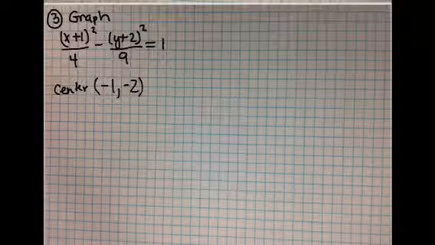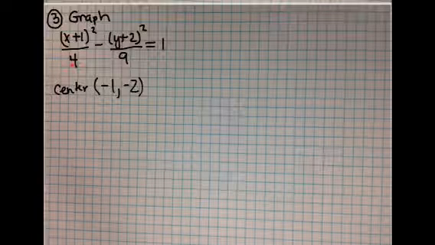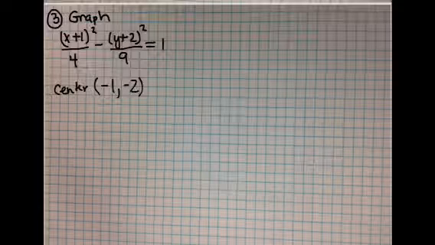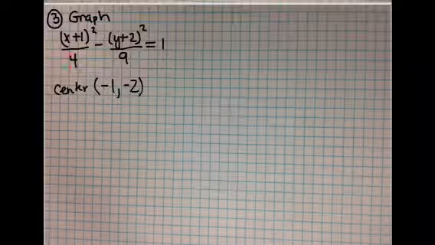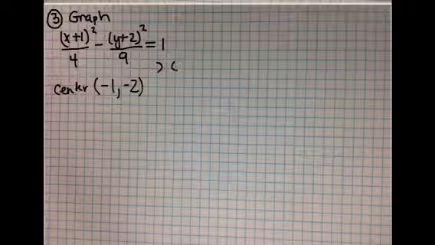It's actually determined by the one that's positive. So right here, the x is positive, the y is negative, so we look at this one. Okay, this is your a squared. So we're not looking at the biggest number this time, we're looking at whichever one's positive. So this determines the orientation. So that means that this is going to be a horizontal hyperbola, so it's going to go like this.